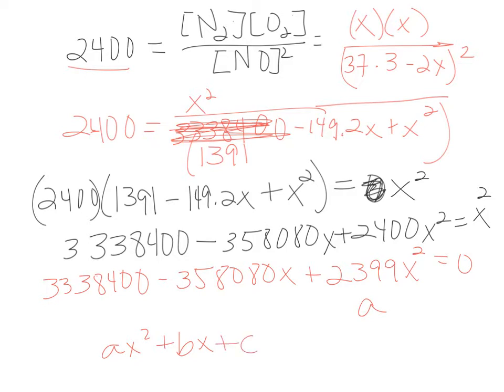I have it written backwards. This is our b in front of our x, and this is our c. And b is negative here. So we can substitute this into the quadratic, which I did on another piece of paper.